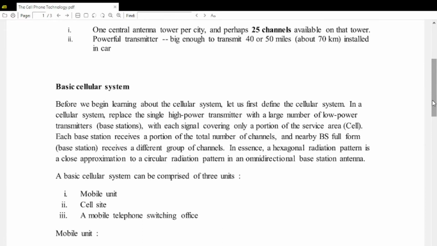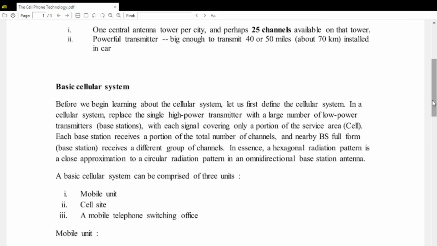Now, the cellular system itself consisted of three main components. The first item was the mobile unit. You can think of it as your phone. Then there was a cell site.